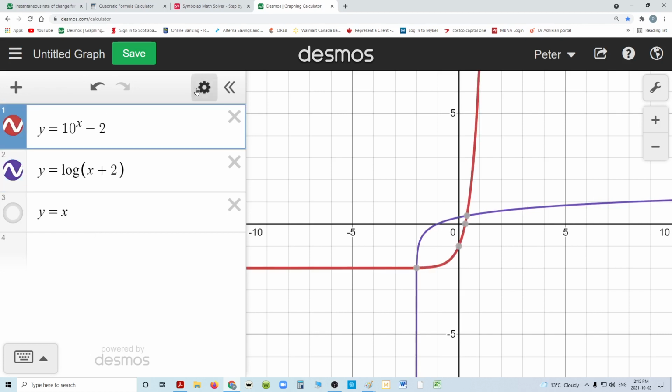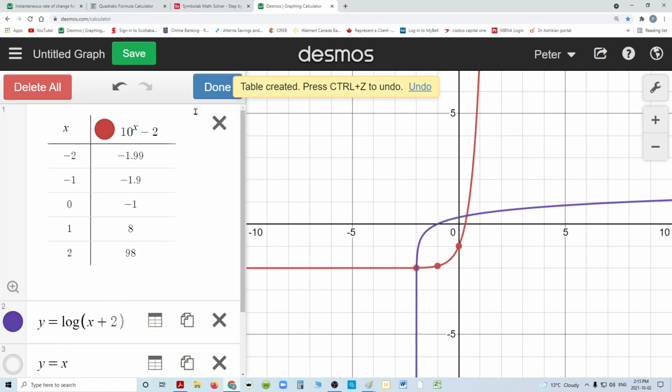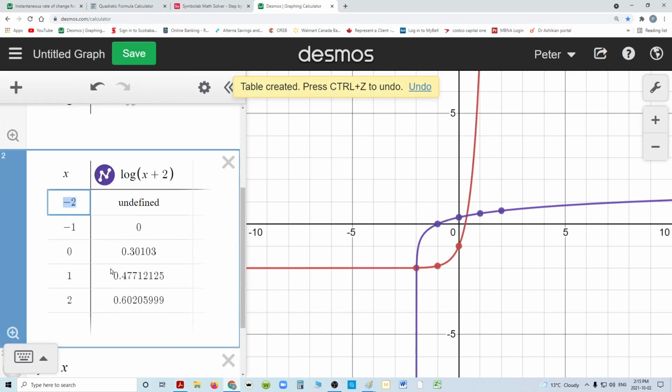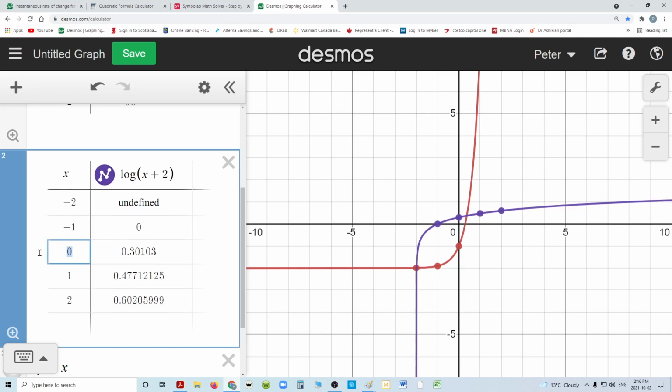I could always take some values of them and get some ideas. But you can see some of these numbers, as I said, will be so small you won't be able to graph them. Whereas if I take big ones like 98, and what was another one? 8. Yep.